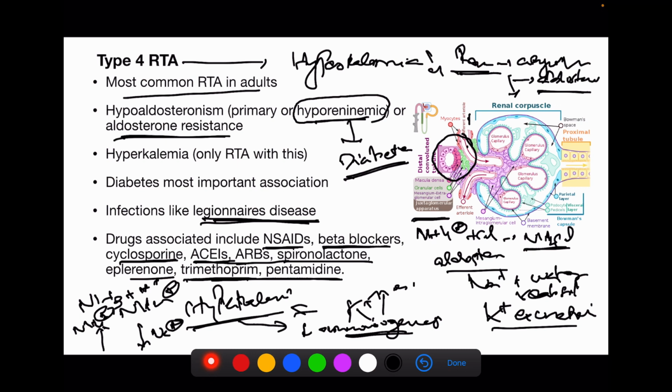From the medullary interstitial fluid, this ammonia goes back into the lumen of the nephron. So ammonia is a base. What is the use of a base? A base is used to buffer acid. So this ammonia, which is in the medullary interstitial fluid, once again gets transported into the lumen of the nephron to neutralize the acidity. So this is known as titratable acidity.